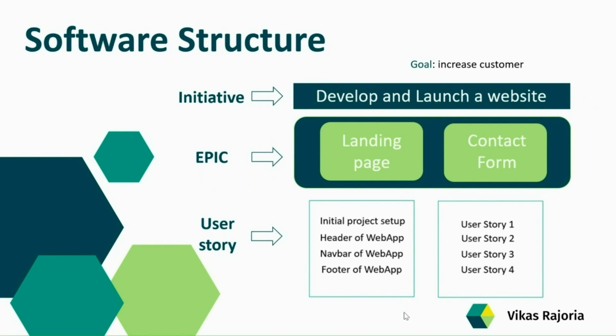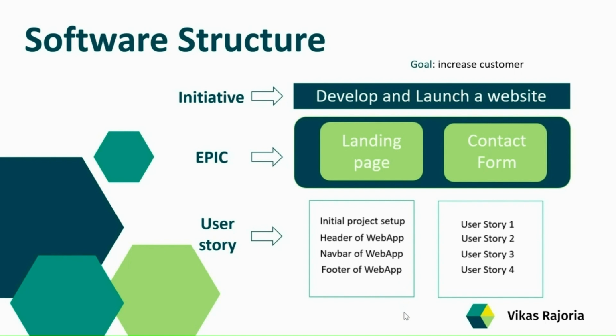In this example, you can see an XYZ organization has taken an initiative to develop and launch a website with the goal to reach the maximum number of customers through the internet. The initiative is nothing but a step taken to fulfill the goal of the organization, which can also be considered a project.